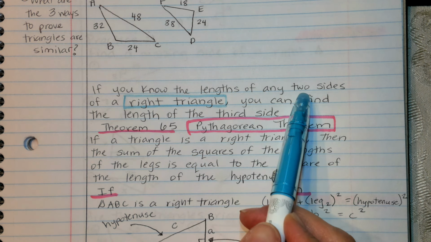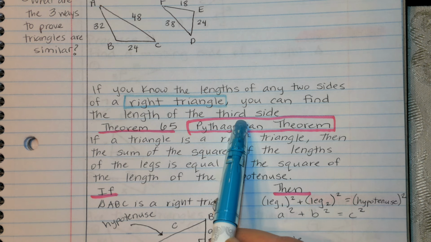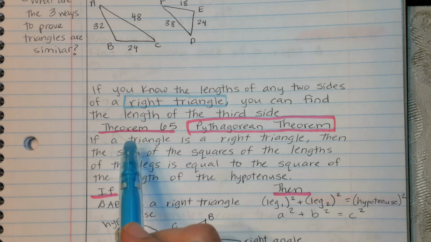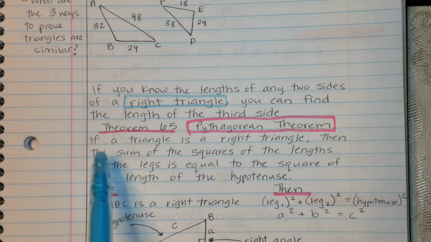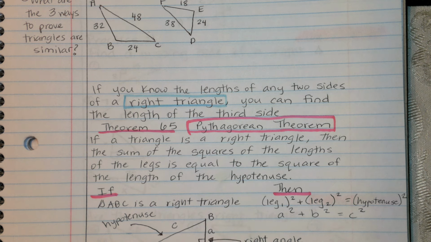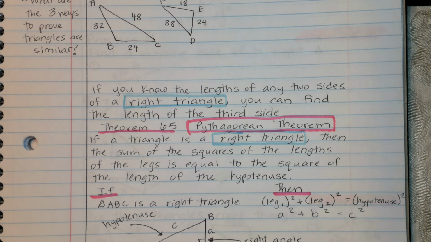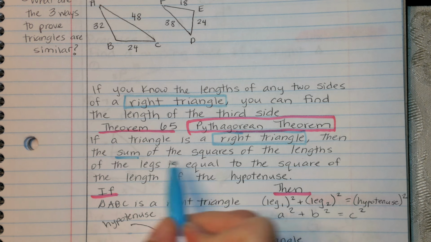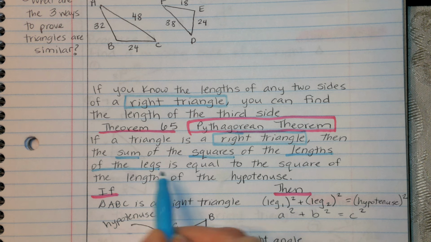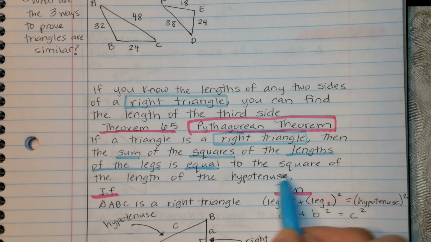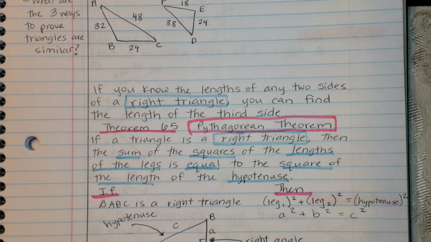So if you know the lengths of any two sides of a right triangle, you can find the length of the third side. So here's the theorem, Theorem 65, the Pythagorean theorem. If a triangle is a right triangle, then the sum of the squares of the lengths of its legs is equal to the square of the length of the hypotenuse.